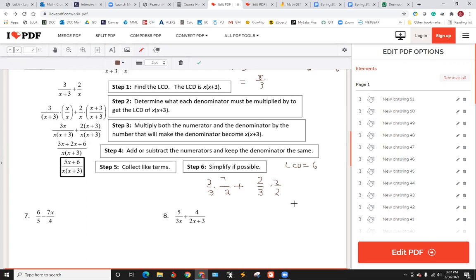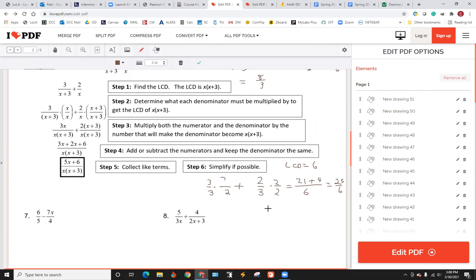This one here is also functionally equivalent to 1. So what does that give us? That gives us 21, and then 2 times 2 is 4, all over 6. So this is 25 over 6. In this case, there's nothing to simplify.